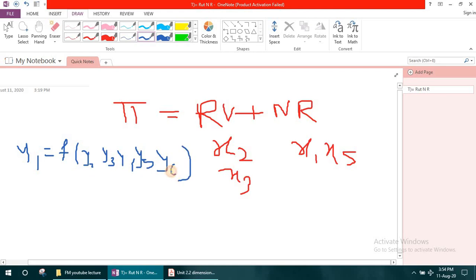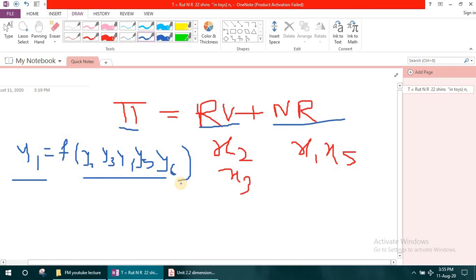This means y1 is dependent and these are independent variables. Now suppose you want to determine the relationship between these variables. Again we know that to determine a pi term we have two types of variables, repeating and non-repeating. Then a student will ask the question: out of these variables, which one should be repeating and which one should be non-repeating?